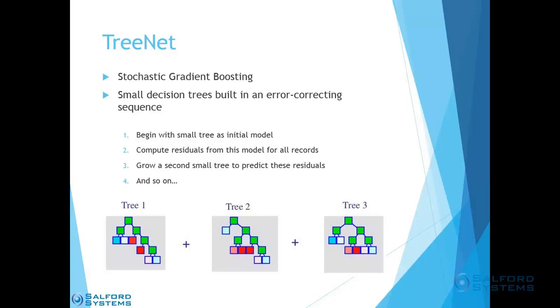You then grow a second small tree, which is tree 2, to predict the residuals from that previous model. And you keep doing this for a minimum of 200 trees. In this way, you're learning from the previous tree, and it's self-correcting itself. So this corrects the problem of global effects in CART and sharp decision boundaries.